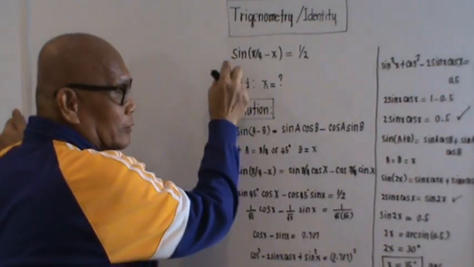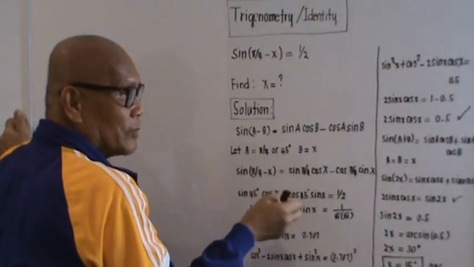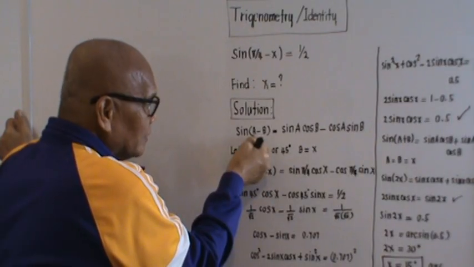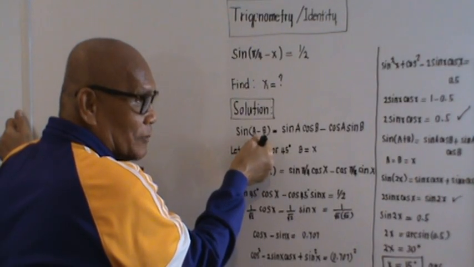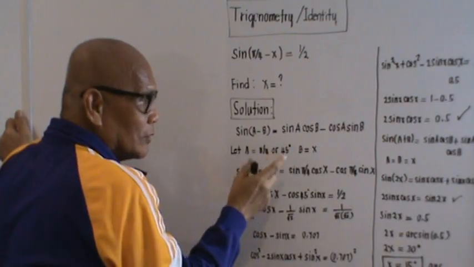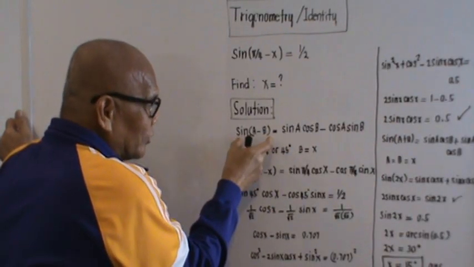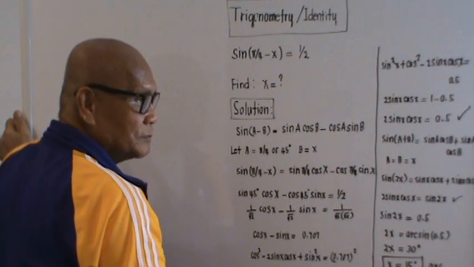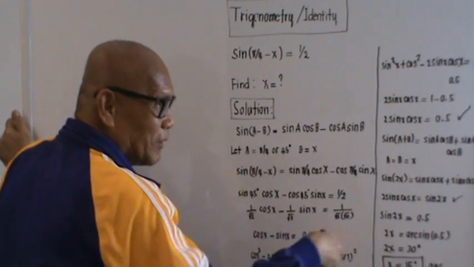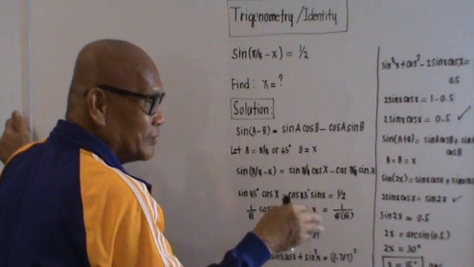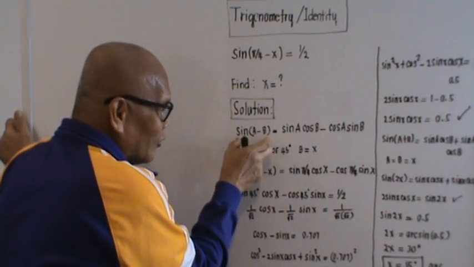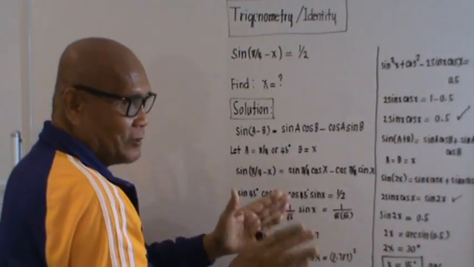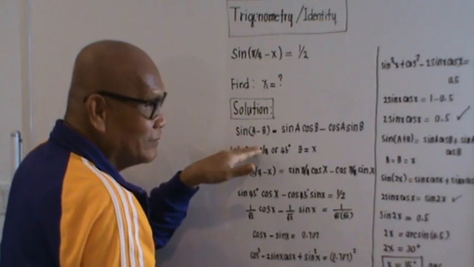The given trigonometric function is under the form sine of the quantity capital A minus capital B, closed quantity. If we try to recall the expansion of this from the study of trigonometry, because we are now on the application of identities, from my topic on trigonometry, I actually derived this one.